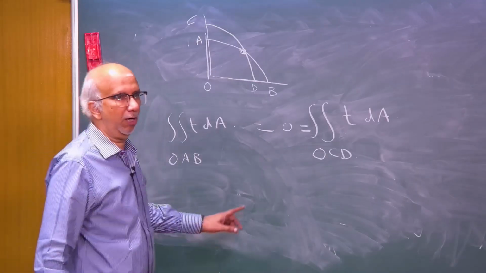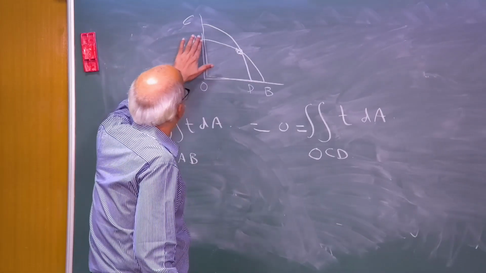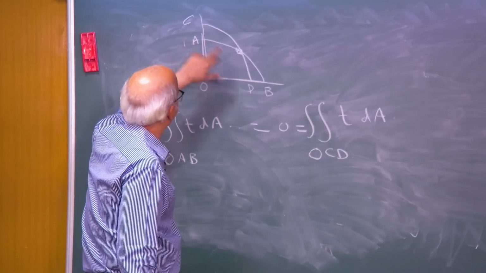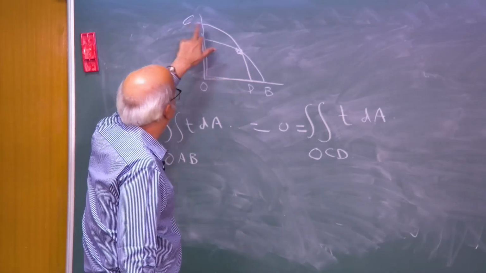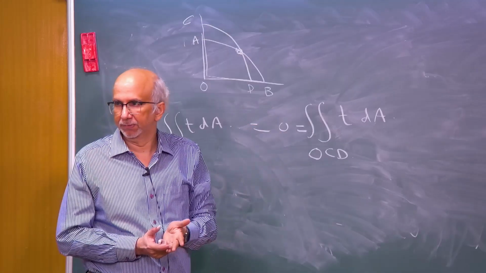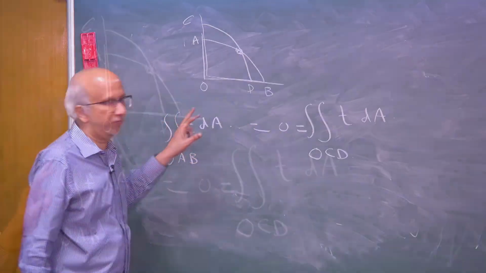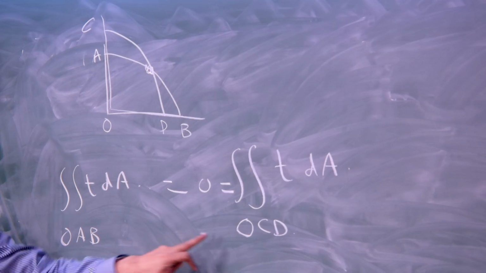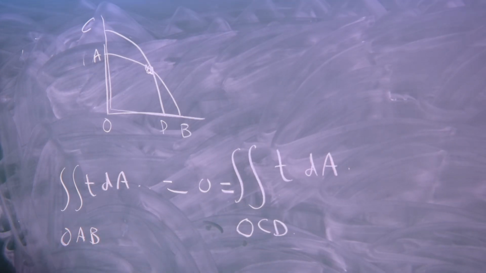All I have done is take two surfaces, OAB and OCD, forming a closed surface. Now from the principle of stress equilibrium, this has to be equal to 0, as long as the surfaces are very small and the volume is very small.